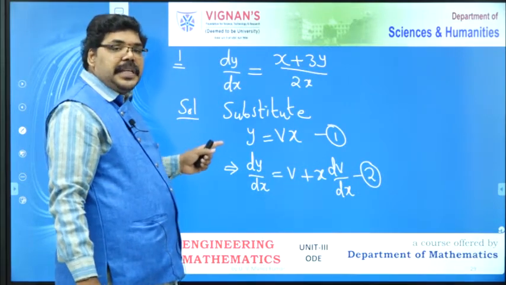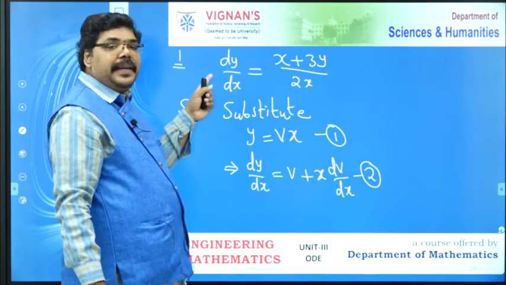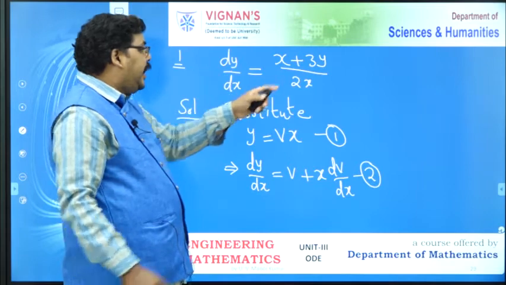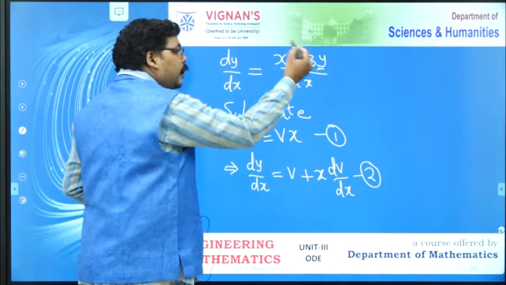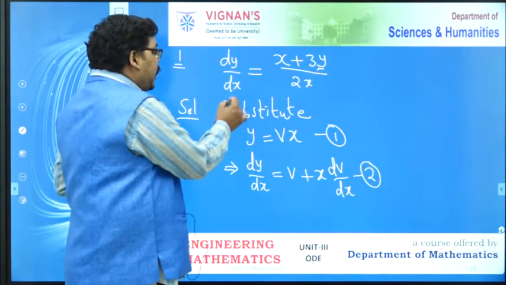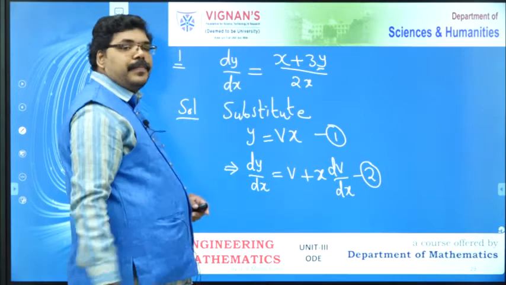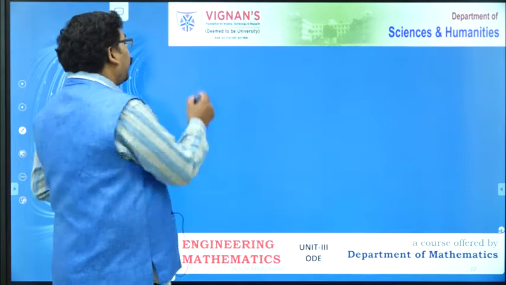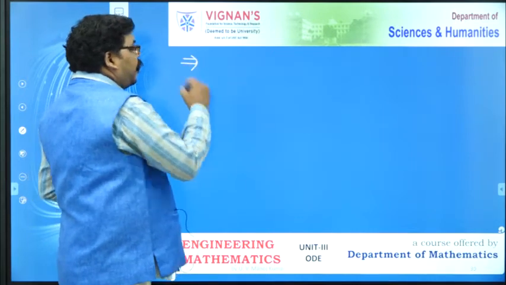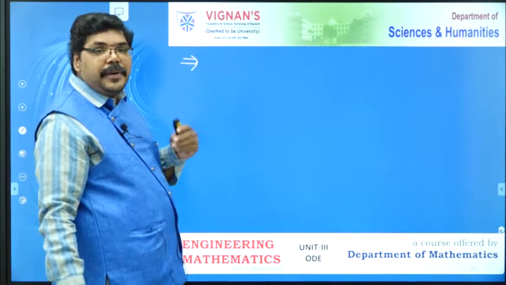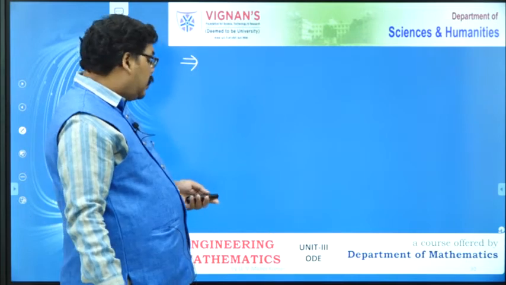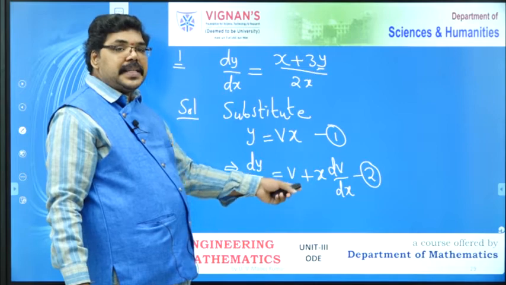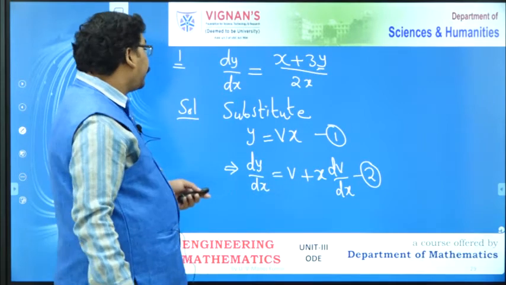so substitute these two relations in the given differential equation. So replace y here, replace dy by dx here. On the LHS we have dy by dx. Dy by dx can be replaced with v plus x into dv by dx.